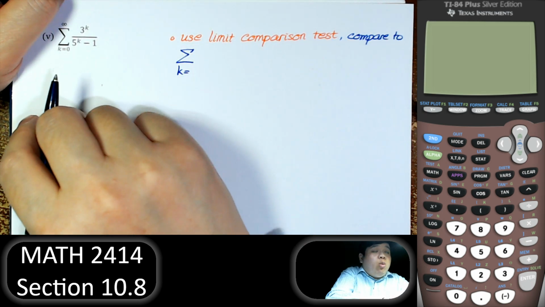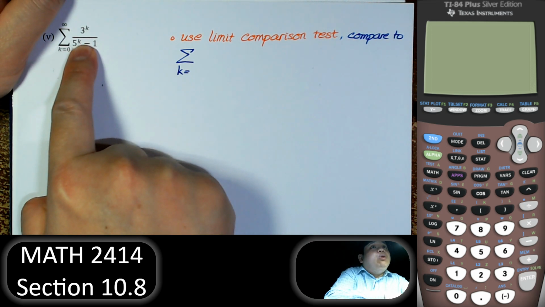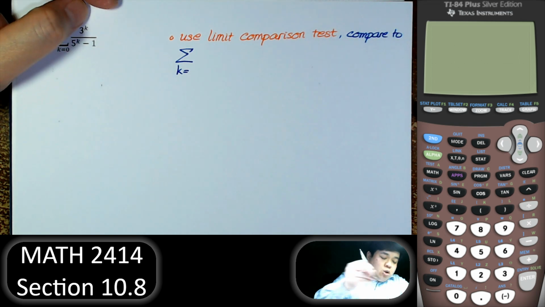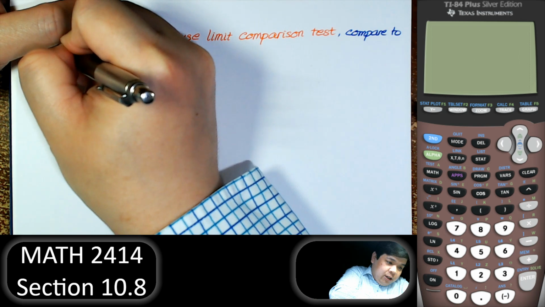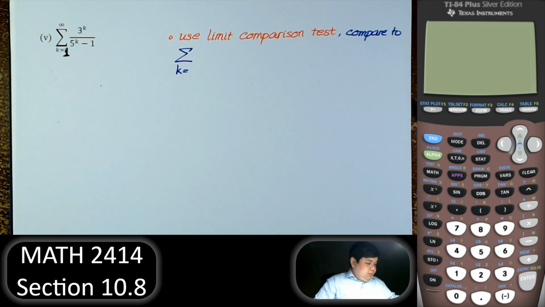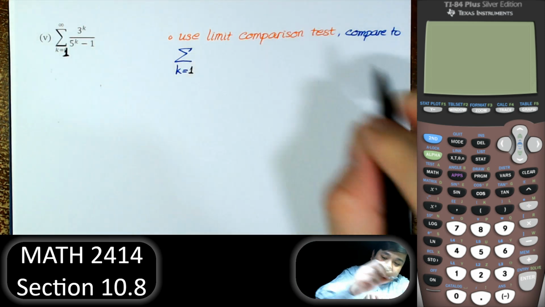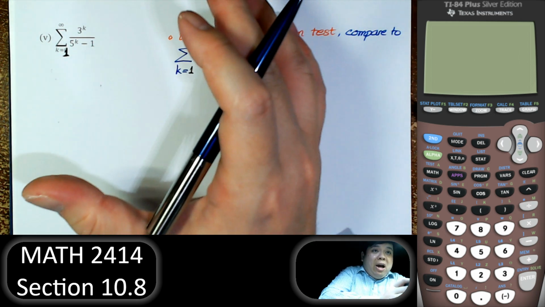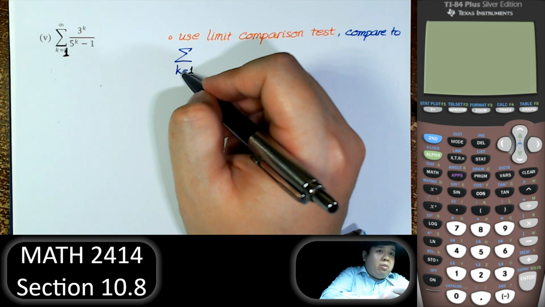By the way, I have to make one change here. If 0 is put in here, 5 to the 0 power is 1, 1 minus 1 is 0. We cannot have that. So please change this to 1. Otherwise, it is undefined. We don't want that. But like we mentioned before, whether we start from 1, 2, 3 or 0 doesn't matter.